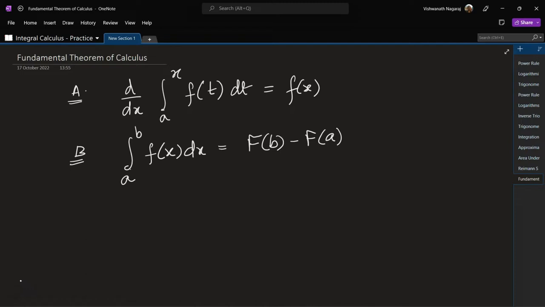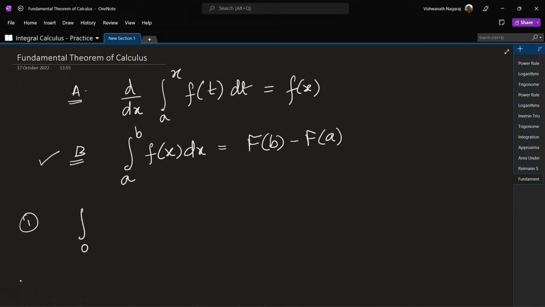First, we will take up the second one, because we will be using the second one in our problem solving related to the first one. So that's why we'll be doing this first. Okay, let's take it up one by one.